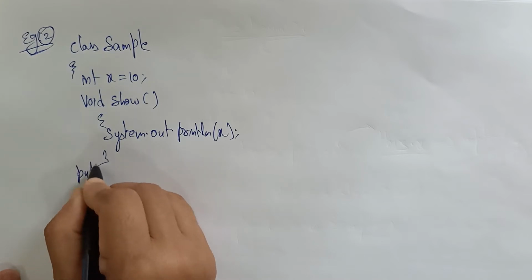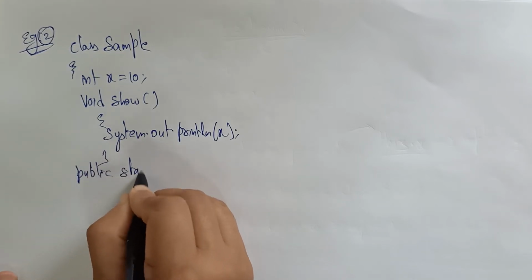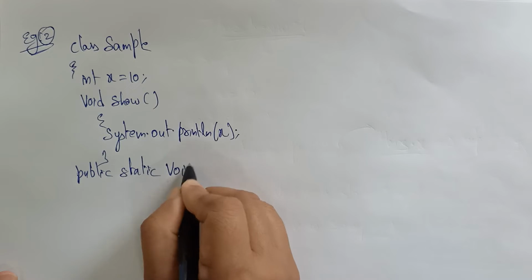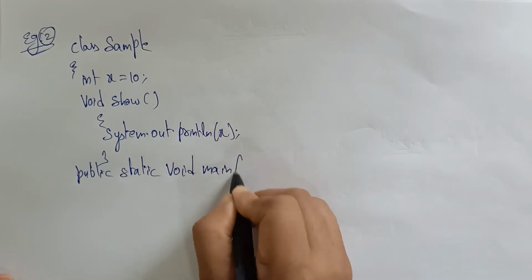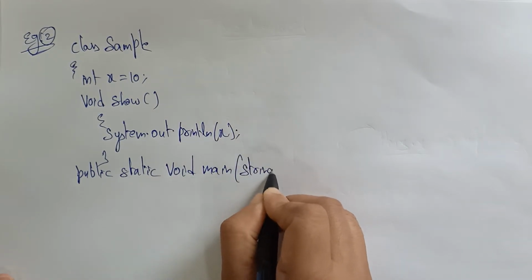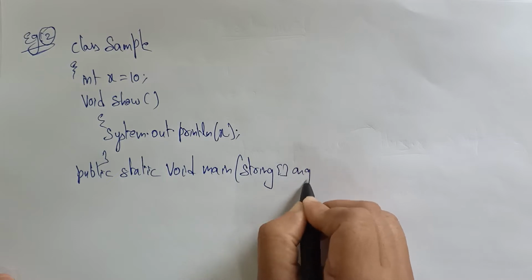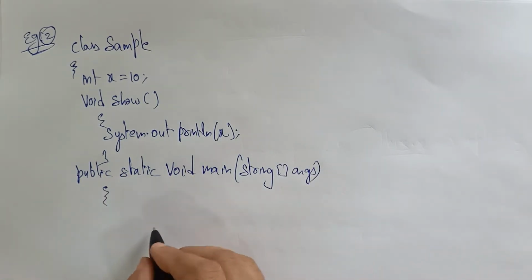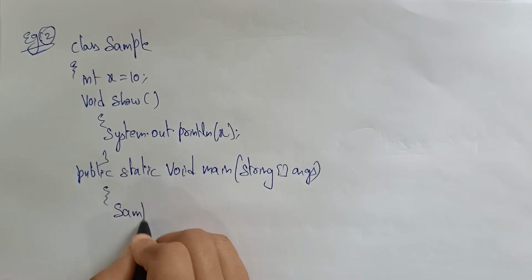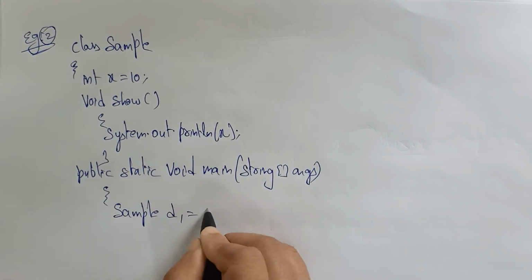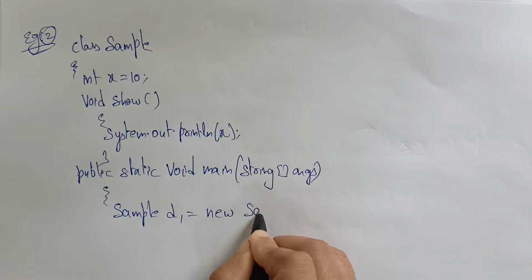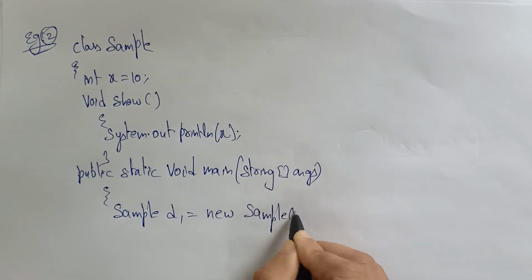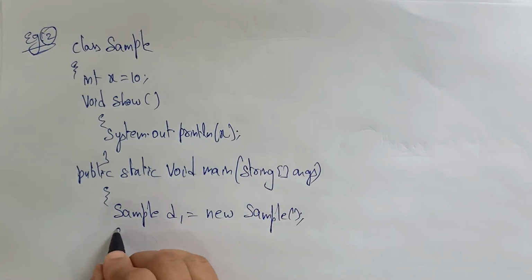Now in the main function, public static void main, String arguments, I am going to create two objects. d1 = new Sample, so the d1 object reference is created.